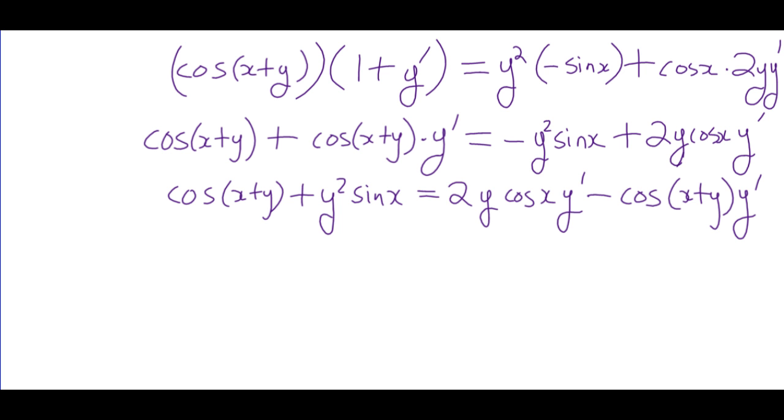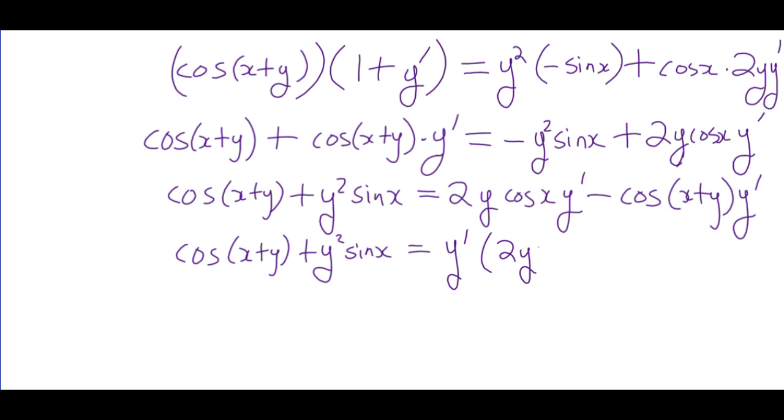Factor out the y prime, divide both sides by 2y cos x minus cos of x plus y. So next step then is to factor out the y prime. So we've got the cos of x plus y squared sine x is equal to y prime times 2y cos x minus cos of x plus y.